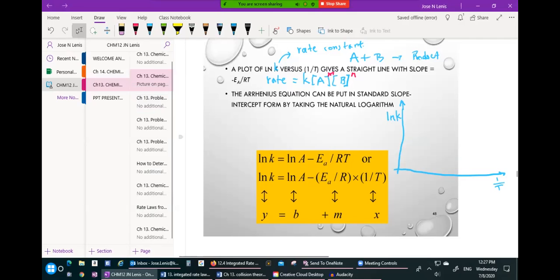So if we run the reaction A plus B at different absolute temperatures, in the lab, we are going to run it using 2 low temperatures. The 2 low temperatures are going to be close to 0, let's say 0.5 degrees Celsius, and then we convert this into Kelvin, right?